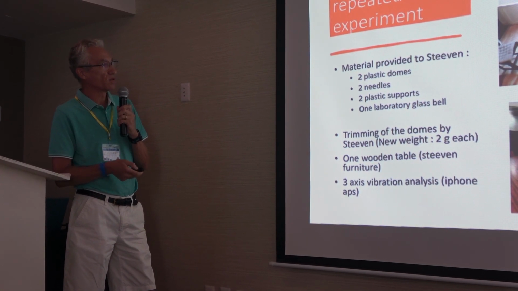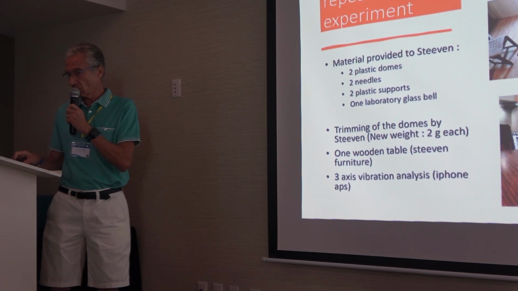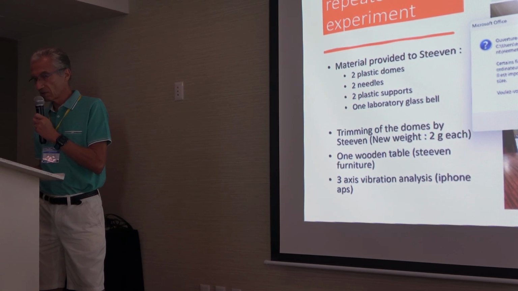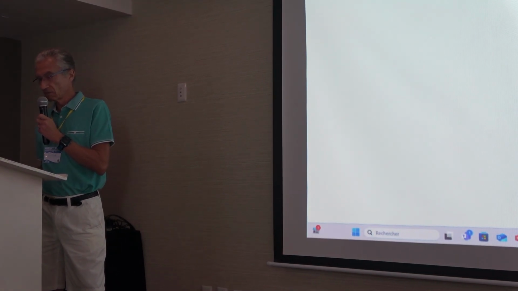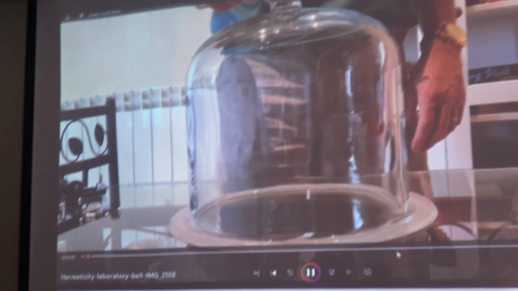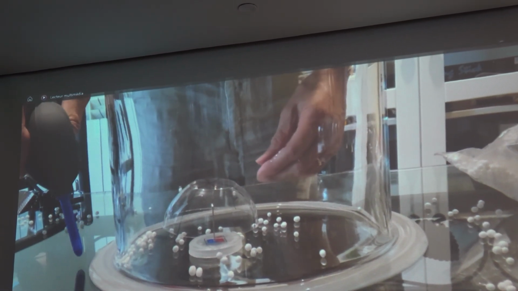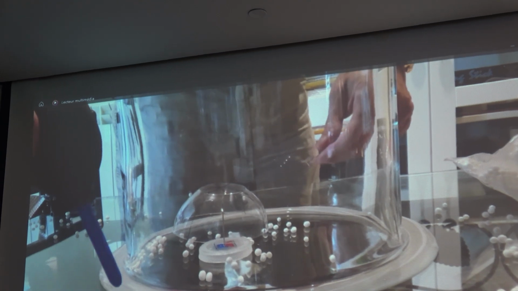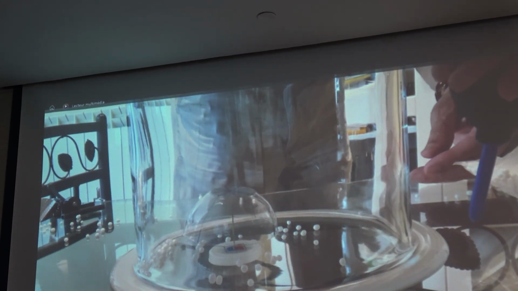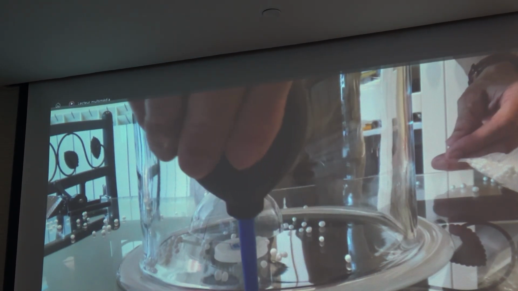So, wooden table and a 3-axis, so laboratory bell here. I also have a quick video to show that it's really hermetic. Very quick at the end. So a quick air pump, and you see that the polystyrene balls are not moving inside the laboratory bell. So there is no way for air to get inside the laboratory bell.